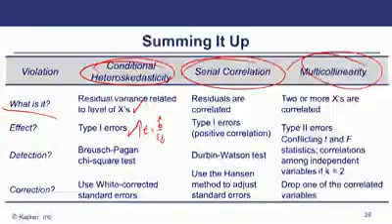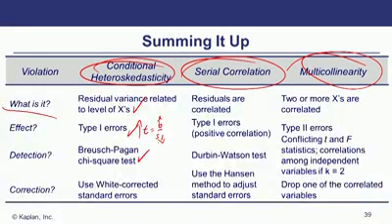We detected this with the Breusch-Pagan test, which was a chi-squared test, testing the coefficient of determination when regressing squared residuals against the value of x. And finally, we solved the problem with White-corrected standard errors, or robust standard errors, if you prefer. Serial correlation was the idea that errors were not random, but serially correlated.